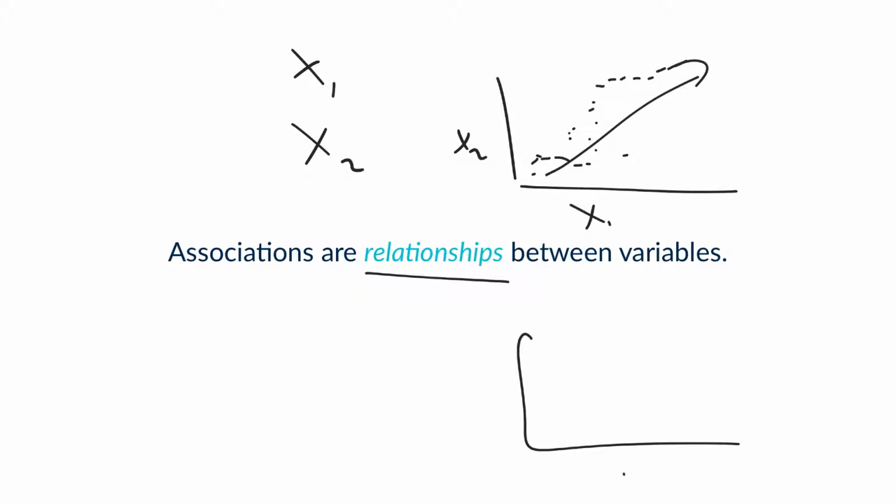Whereas if we had something like this, x1 and x2, and the data were just all over the place, we might assume there's not really any meaningful relationship between these. We can't effectively predict what x2 is going to be by x1 or vice versa. So in this case, we would say there's very little association between these two variables.